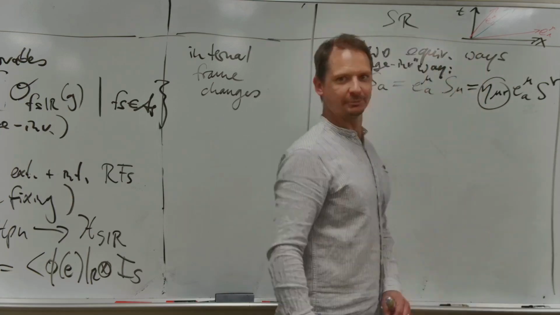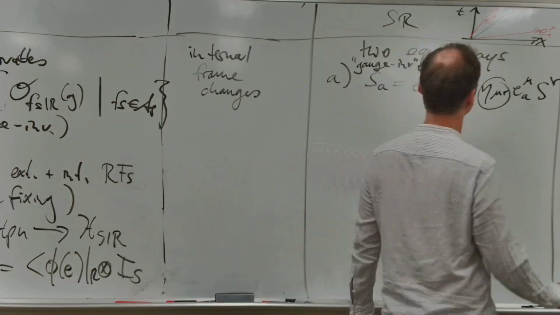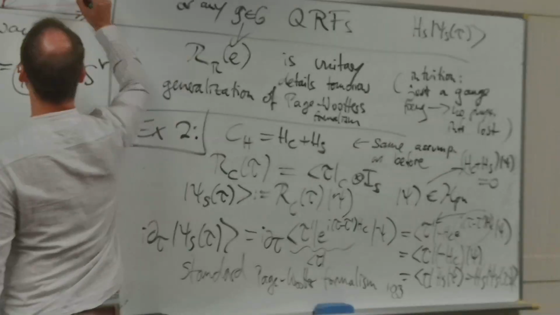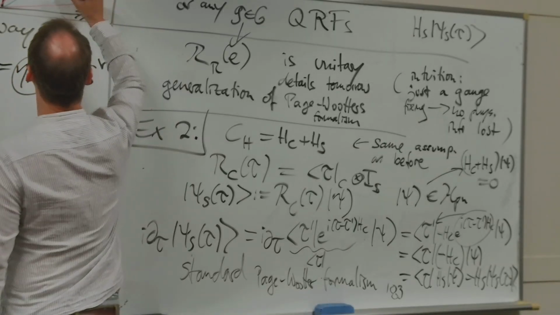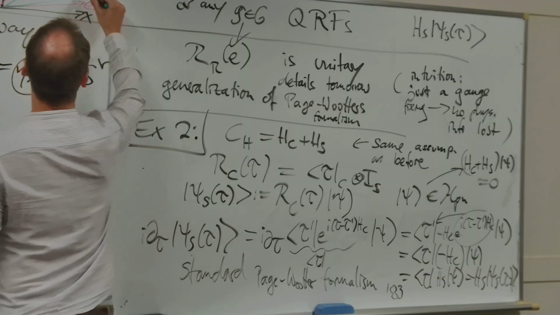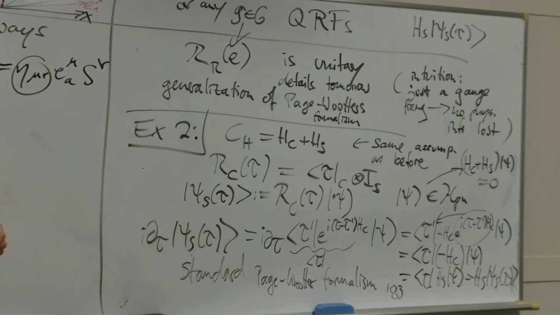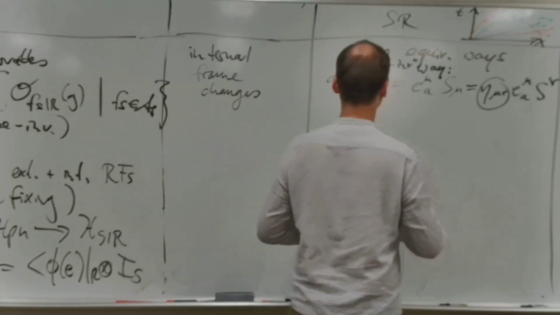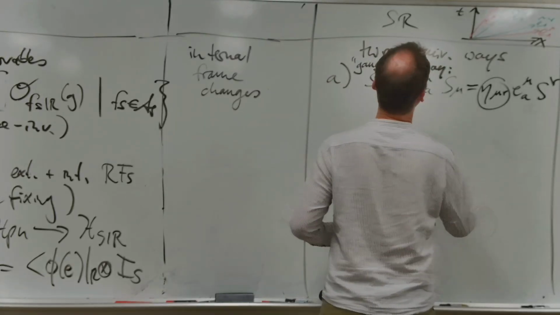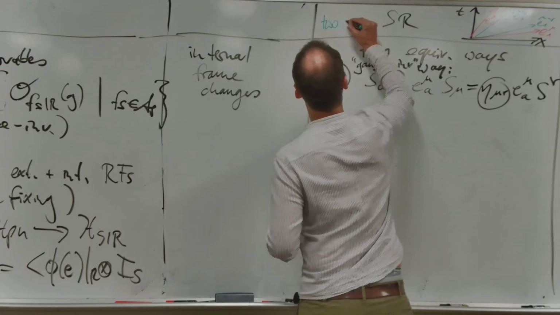The drawing is not the prettiest, but I hope you get the idea. So now we're going to have another one that's called e tilde or something, e tilde 1, 2. So we have two frames.